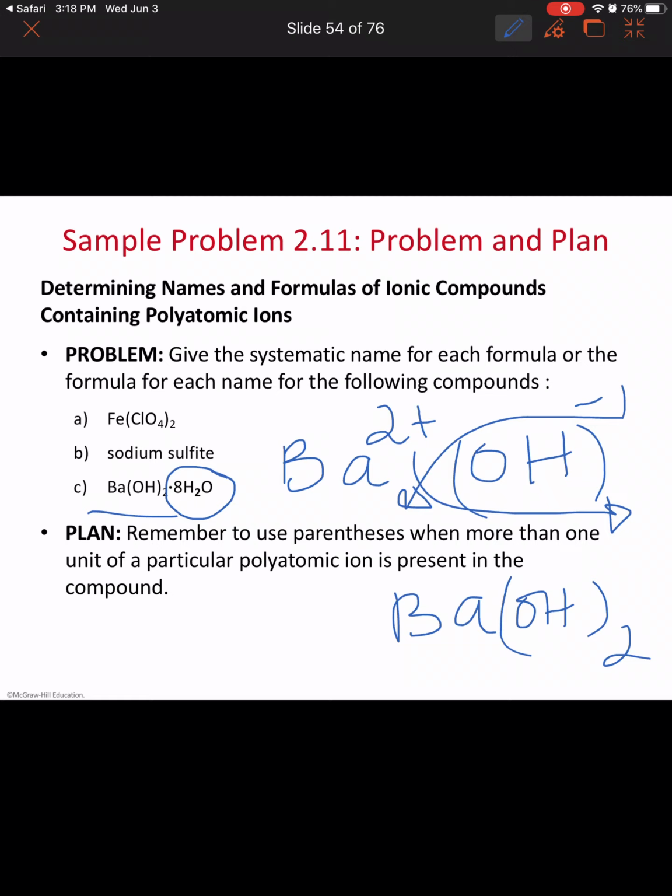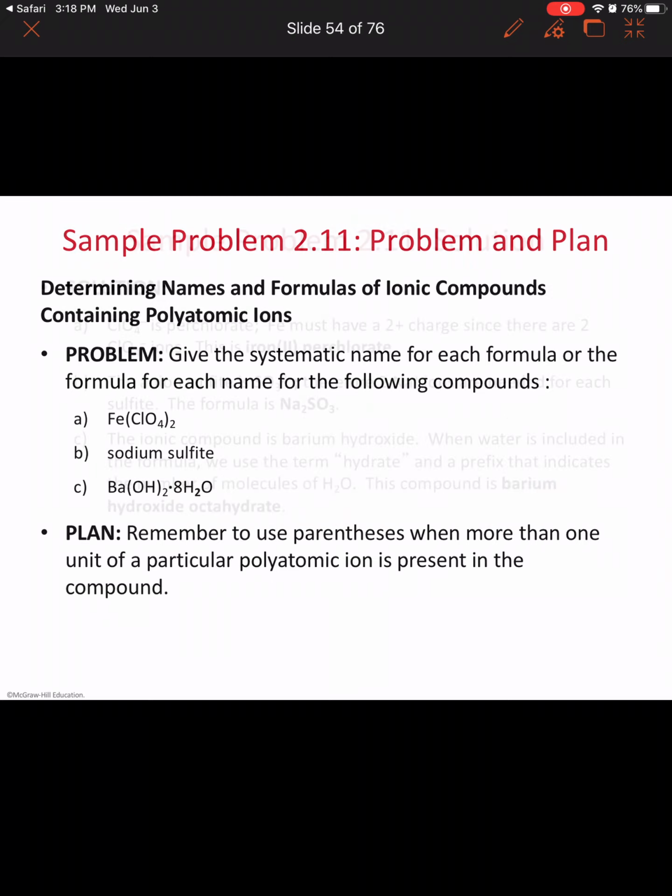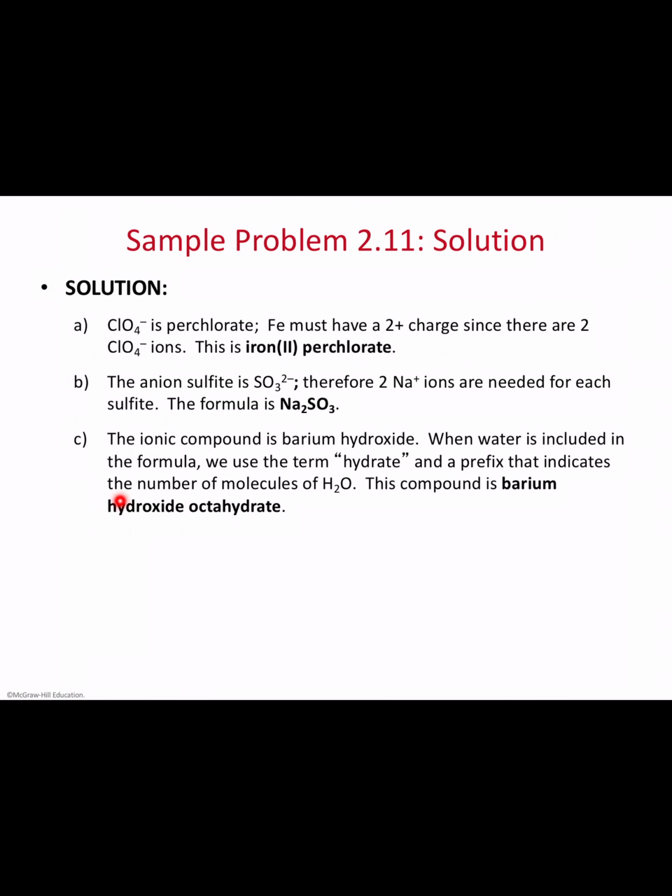For 8 it's going to be octa. So I would say barium hydroxide octahydrate. If it is 6, it would be hexahydrate, like that. So the name for that is going to be barium hydroxide octahydrate. Okay.